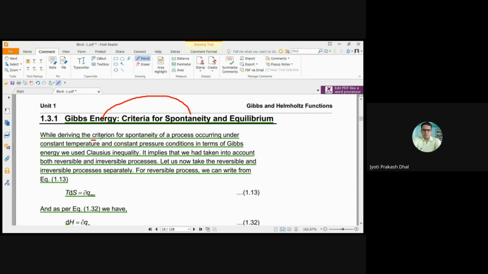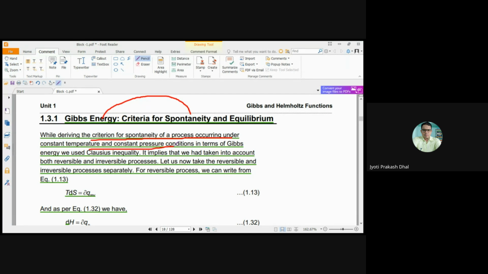There we derived the criterion for spontaneity of processes occurring under constant temperature and constant volume. Here we are deriving the criterion of spontaneity of processes occurring under constant temperature and constant pressure. Both the derivations are exactly similar.